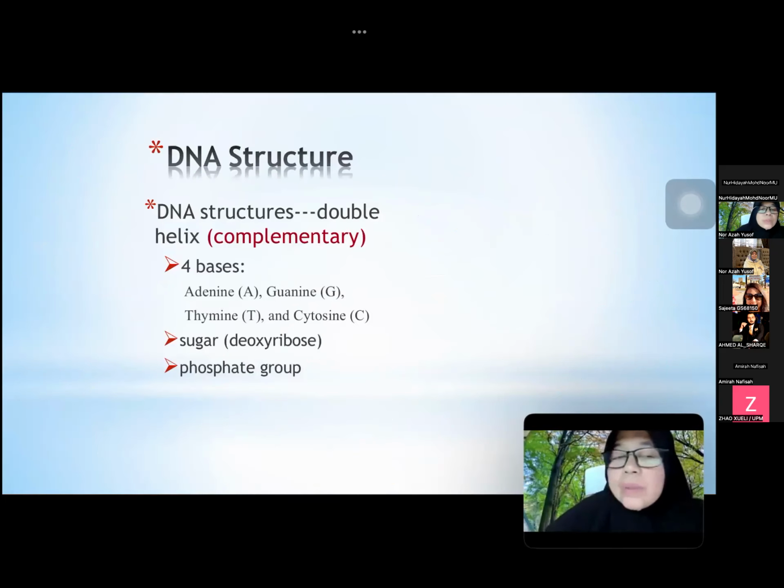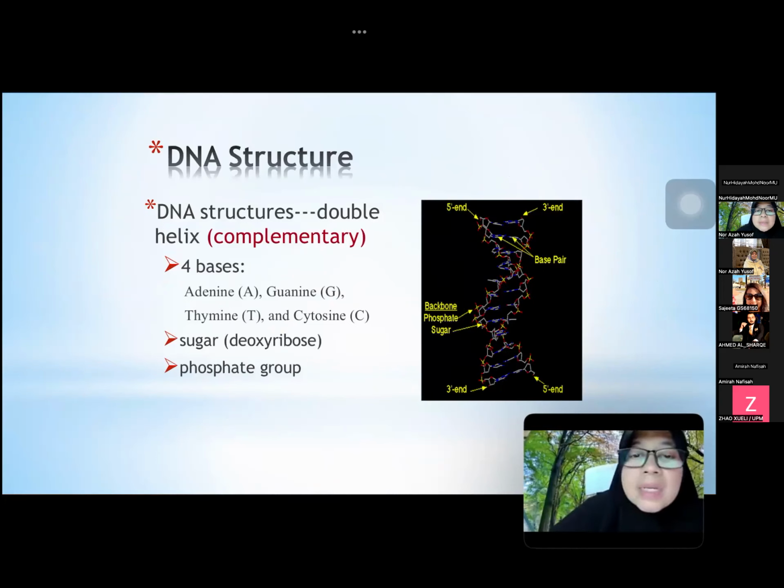And I hope that you have at least had a look at DNA. Of course, you don't need to go into detail, but at least understand the structure of DNA, especially the nucleic acid, the bases. So this is the structure of nucleic acid: the bases, and we have the phosphate backbone and the sugar.